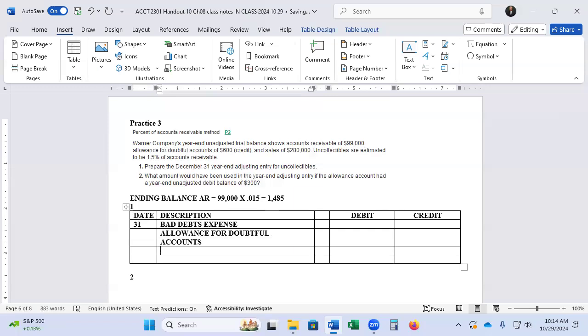Now it tells us the allowance for doubtful accounts has a $600 credit balance. We want the ending balance to be 1,485. It's already at 600, so the amount is 885. And so we have a debit for 885 and a credit for 885.